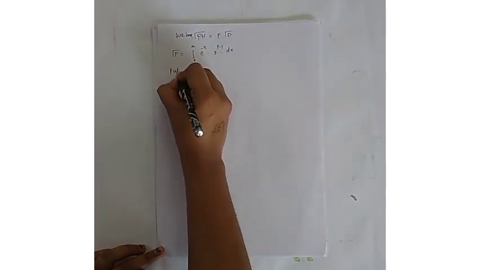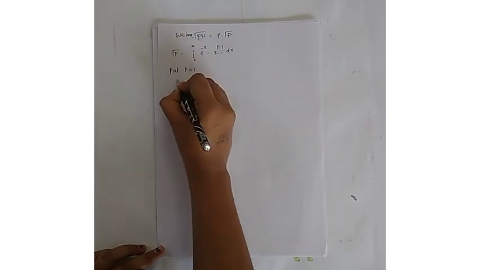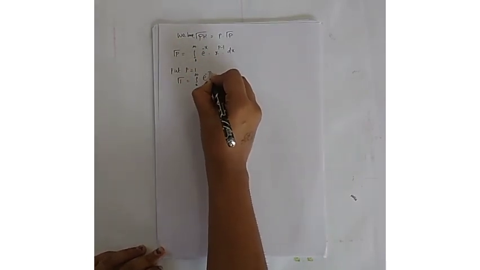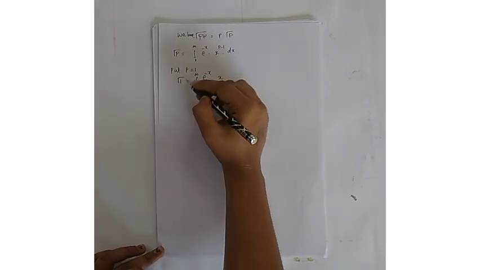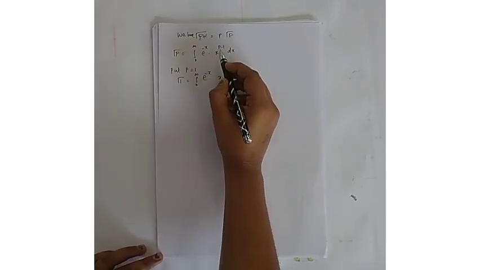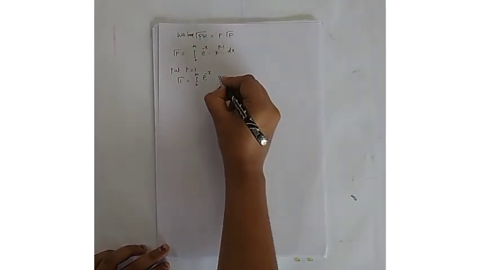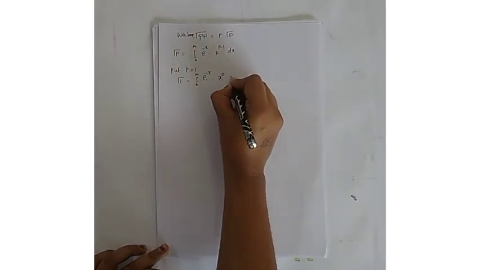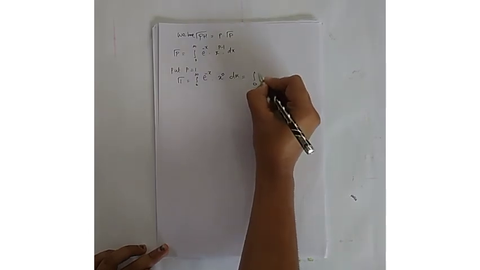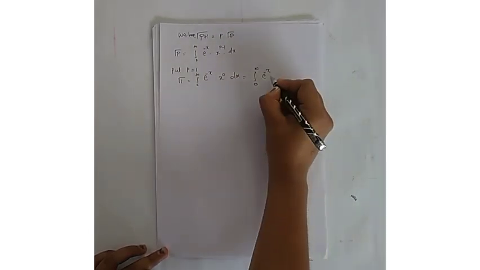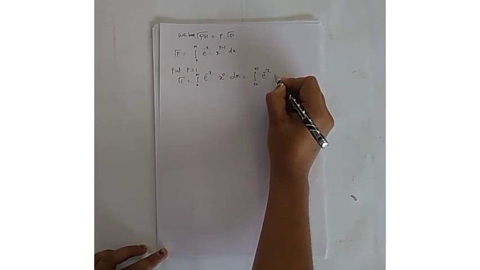Put p equal to 1, it will give gamma 1 is equal to integration with limit 0 to infinity e raised to minus x into x raised to, when you put p equal to 1, 1 minus 1 is 0, and x raised to 0 is 1. So x raised to 0 dx is equal to integration with limit 0 to infinity e raised to minus x, x raised to 0 is 1. So only e raised to minus x into dx.